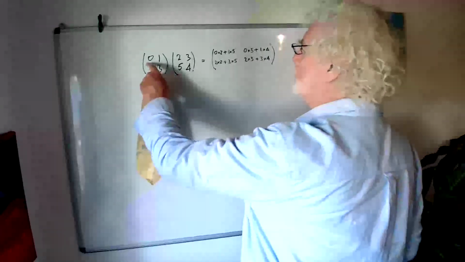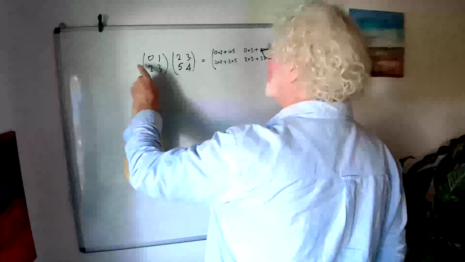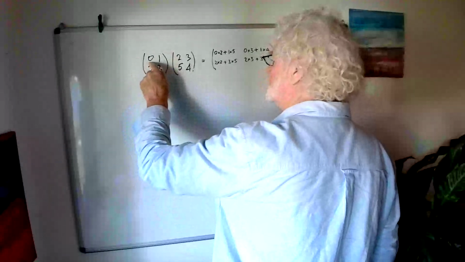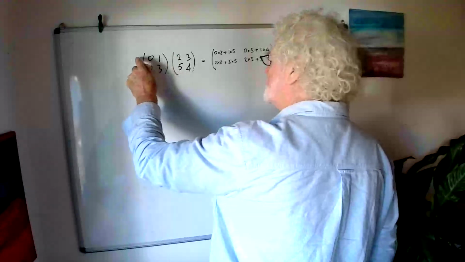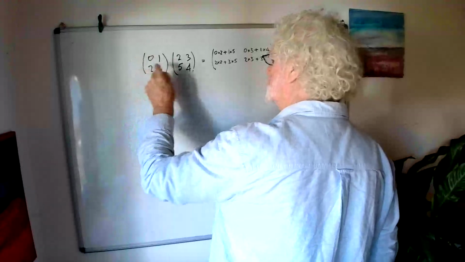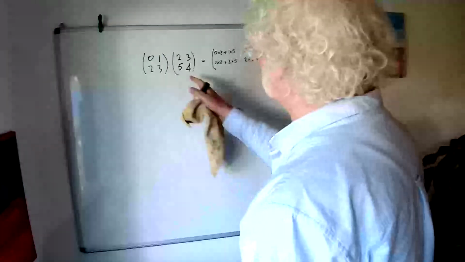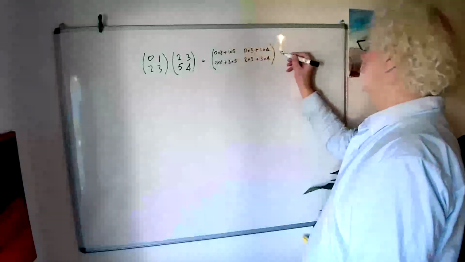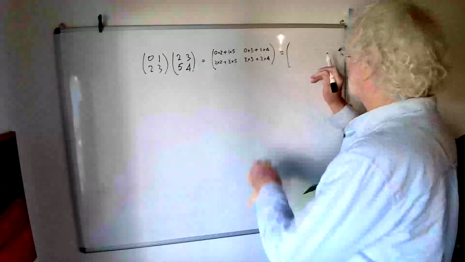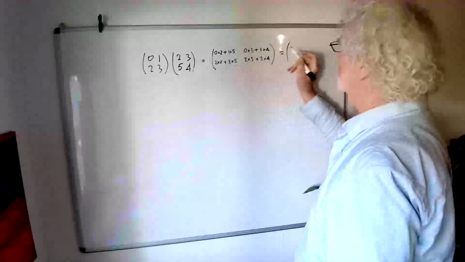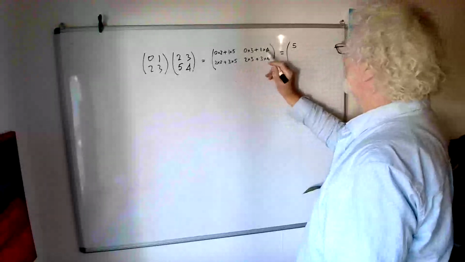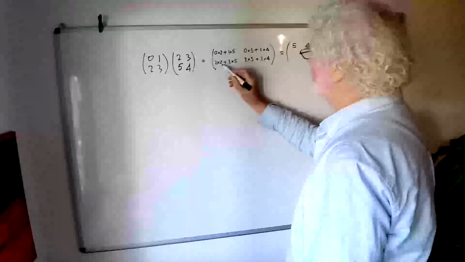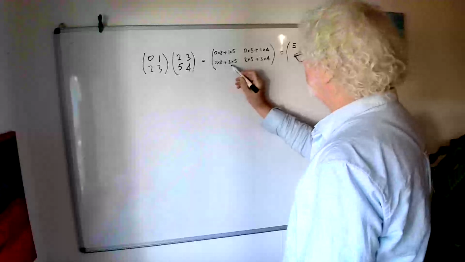So we start off with, in this case, a matrix which has two columns and 2 rows, times another one with 2 columns and 2 rows, and that's what we're ending up with here. This is equal to 5, 4, I think. 3, that's 4 plus 15 is 19.